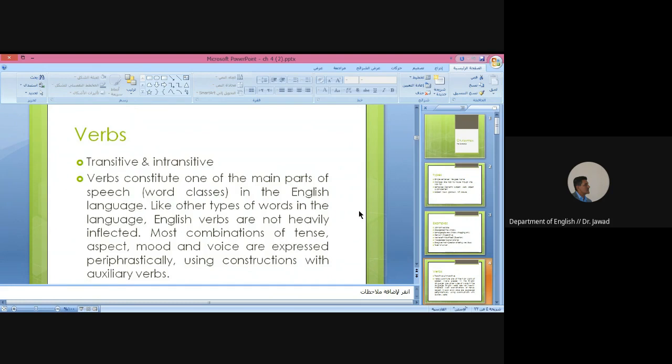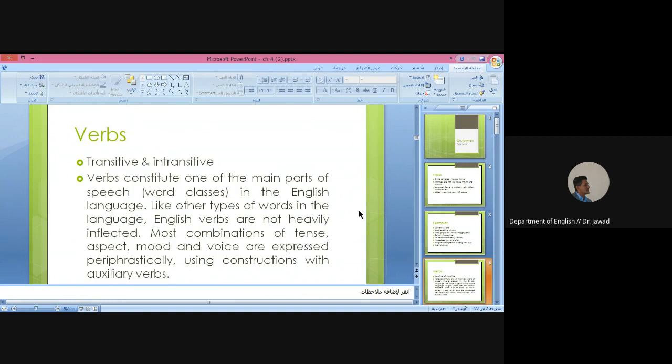Most combinations of tense, aspect, mood, and voice are expressed periphrastically. Periphrastically means by using another item plus the verb in order to constitute the mood or the tense, the voice, and sometimes the aspect.